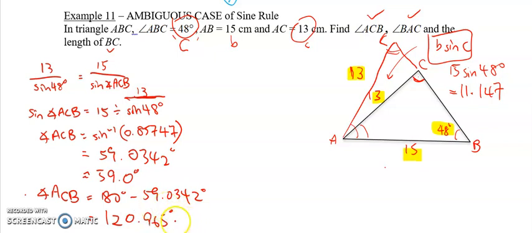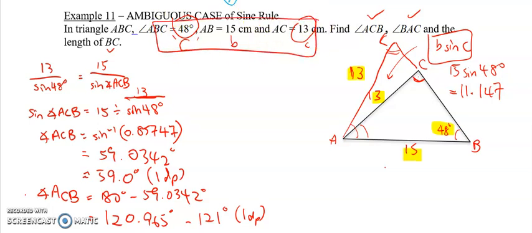If we round off to 3 SF, we will get 121 degrees. We can then calculate the angle BAC and the length of BC using these two separate values, because recall we can have two different triangles formed given this set of values. One of them will be when angle ACB is 59, another when angle ACB is 121. I'm going to do this on the next page.